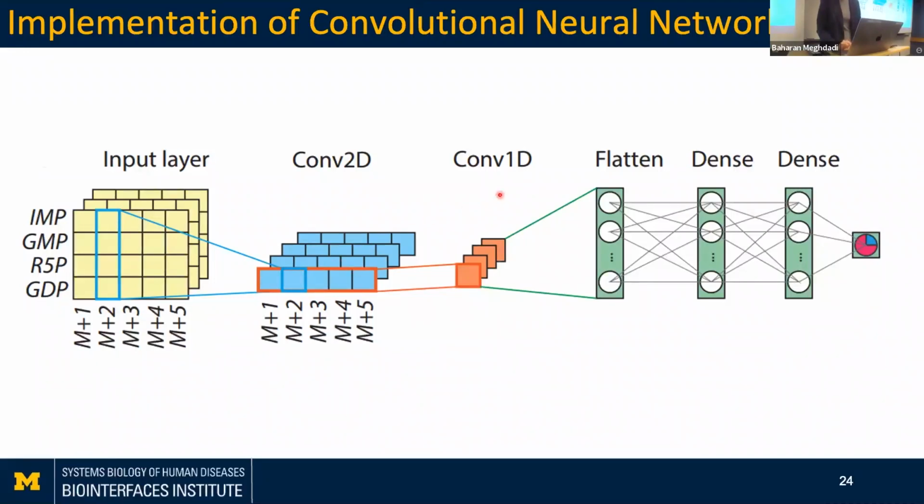And then in the one-dimensional convolution layer, we have a kernel in a row shape that goes through different MIDs, and this captures the sum of isotopologs to be a certain value. And then after these convolution layers, we have a fully connected neural network that can capture the training parameters to predict the ratio of de novo GMP synthesis to the overall GMP synthesis.